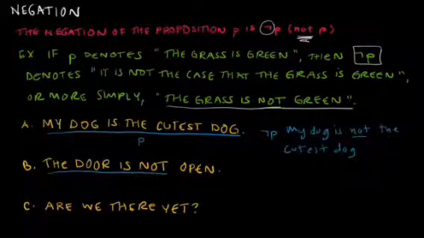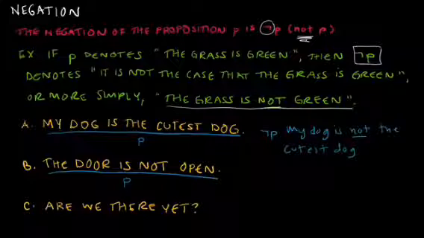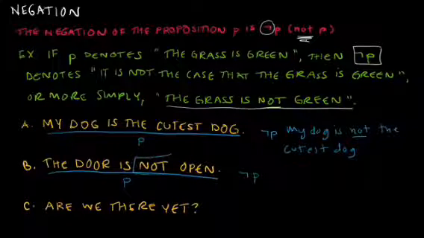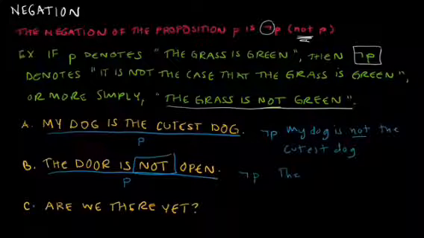The door is not open is P. Now again, if the door is not open is P, then if I'm negating something that already seems like it's negated, remember, in mathematics is the only place that two wrongs do make a right. So the door is not open, which means the door is open.